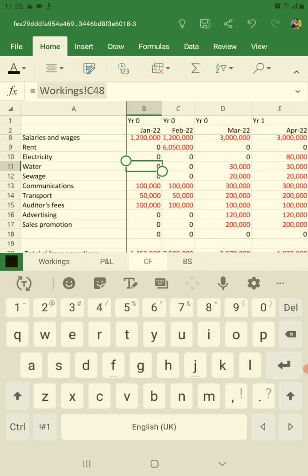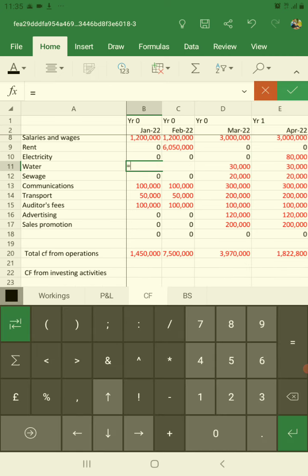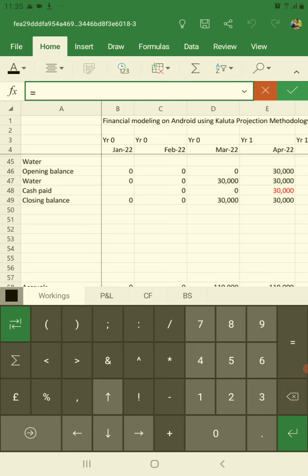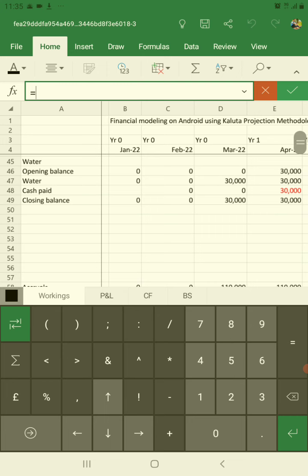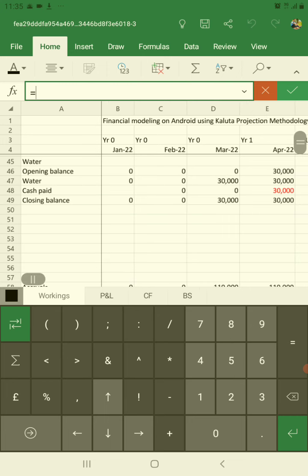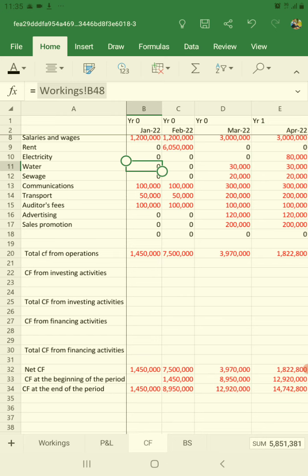And here I have workings C. Here is where the error is. So let me put an equal sign in the water area, go to workings, and in the cash paid for the water, it should be from B48. Press enter, and then drag this, fill this to the rest.